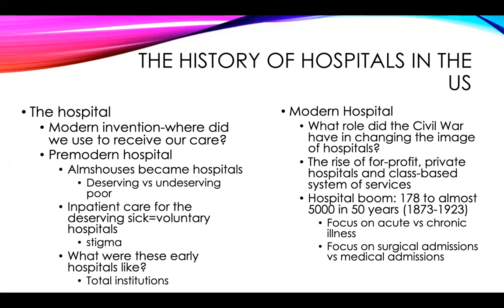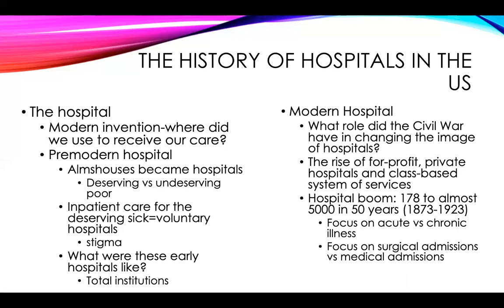Because they were not able to pay for care, since they were in this almshouse, there was often a distinction between the deserving poor and the undeserving poor. Whether or not they would call a doctor to come look at you while you were in this public almshouse had a lot to do with whether or not they thought you were deserving.